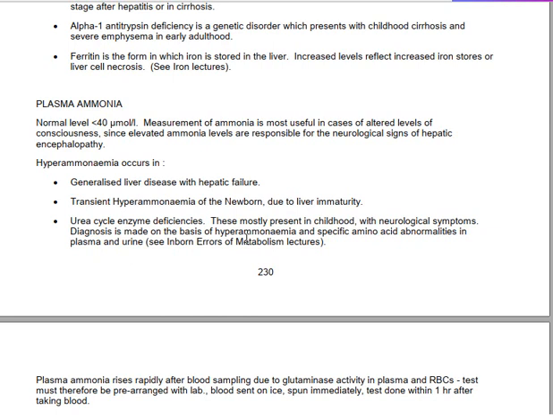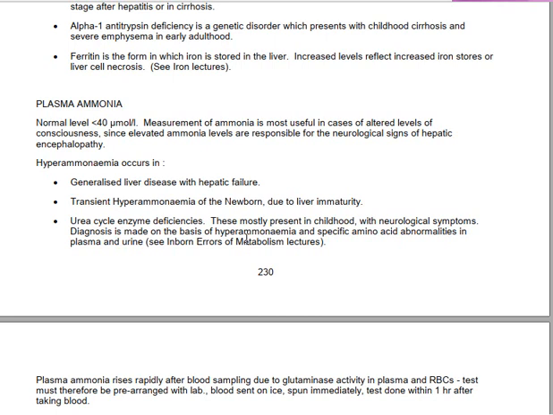You need to know that generally a high level of ammonia is going to be the major cause of hepatic encephalopathy. Is it clear? A high level of ammonia is a major way by which the liver affects the brain. So the liver is going to affect the brain when there is a liver failure resulting in a high level of ammonia, and the high level of ammonia can now go to the brain for the synthesis of more glutamine.